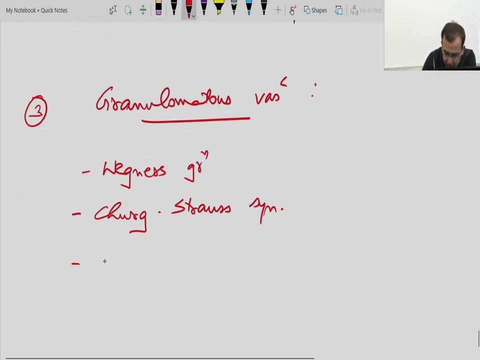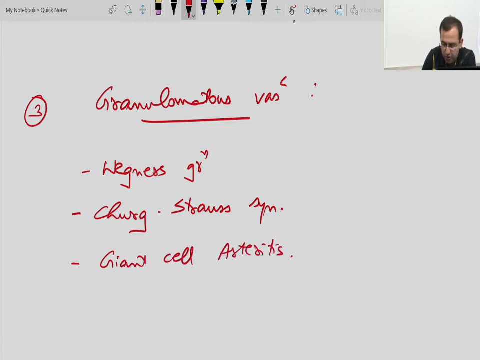Next, giant cell arteritis; wherever giant cells are present, it is also associated with granulomas. And Takayasu syndrome.